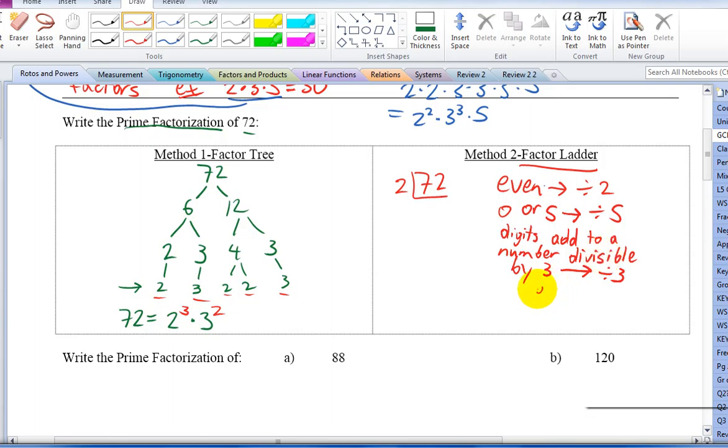So for example, 7 plus 2 equals 9, which you can divide by 3. So then we can go 72 divided by 3. Okay. That one's helpful, I find, so I always kind of bring it up. Any questions about that? Now, I could start with a 3 if I wanted to, but I don't feel like it.